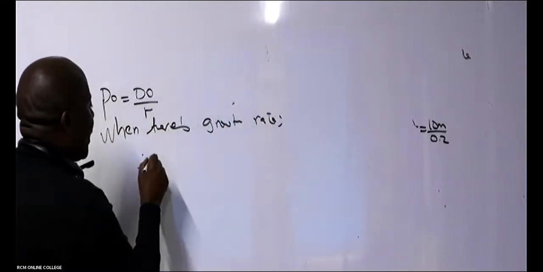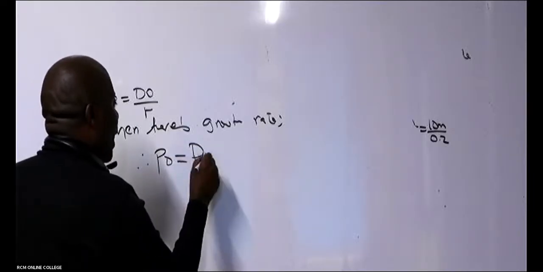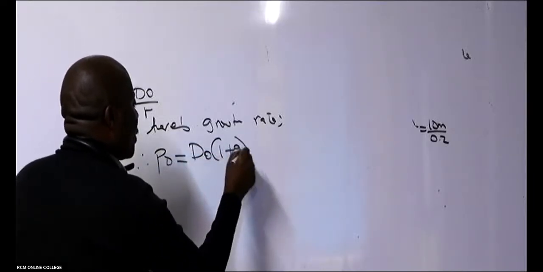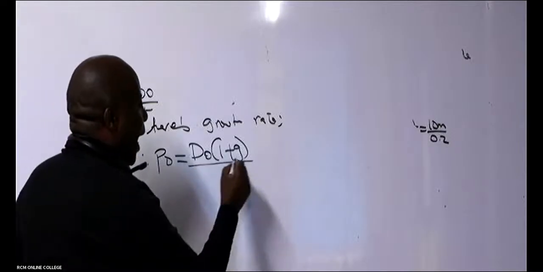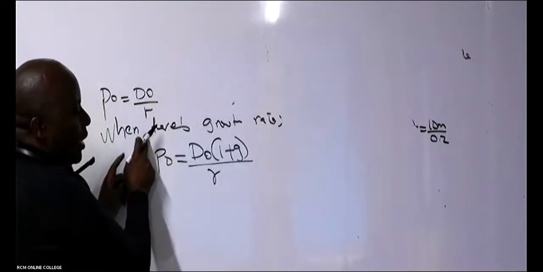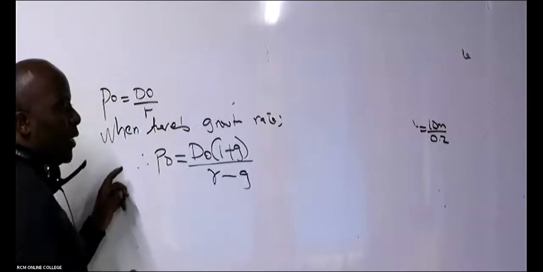then in this case my P0 becomes D0, which of course has to grow: D0 into 1 plus g, all over R minus g.